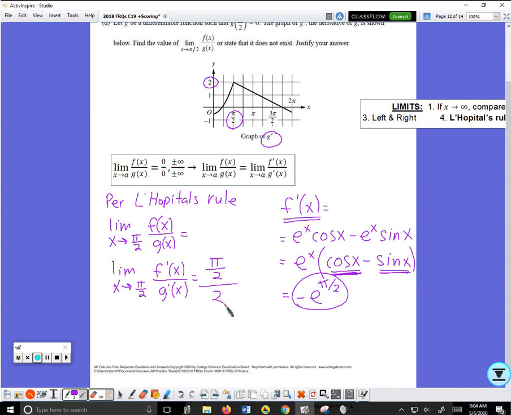The points they award on this one are, don't forget the negative. Oops, I messed up there.